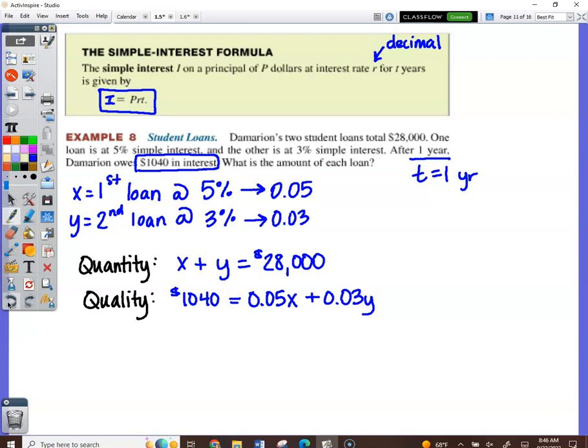You're getting the first equation by itself with one letter. I went for X equals. That means the Y needs to move by what? Subtraction. I'm going to change colors. So I drew an arrow and I said to myself, so this is 28,000 minus y.